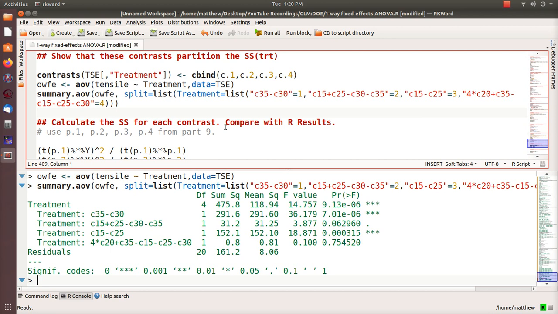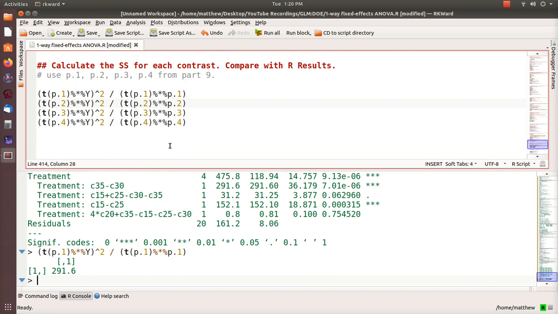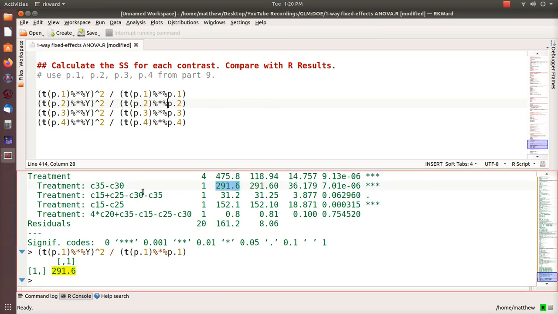But also in part 10 we calculated these sums of squares by hand. So the least squares estimate for contrast 1 is actually this formula here. It's the linear combination of the y's, squared, divided by this. Let me just print it and I'll show you. So we printed this, and it's 291.6, and it's exactly what we got here for this contrast.